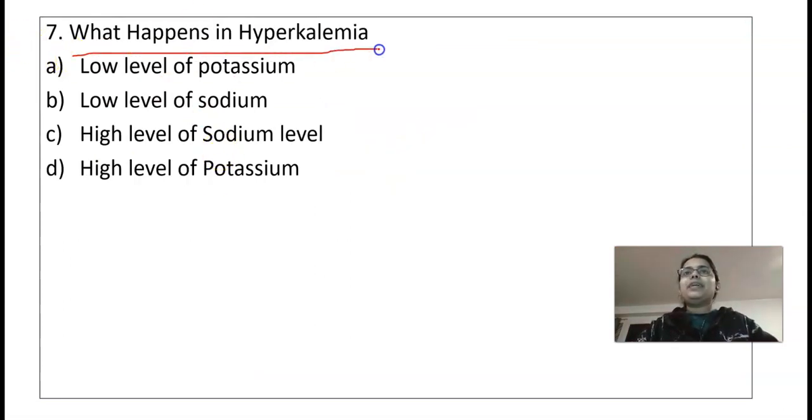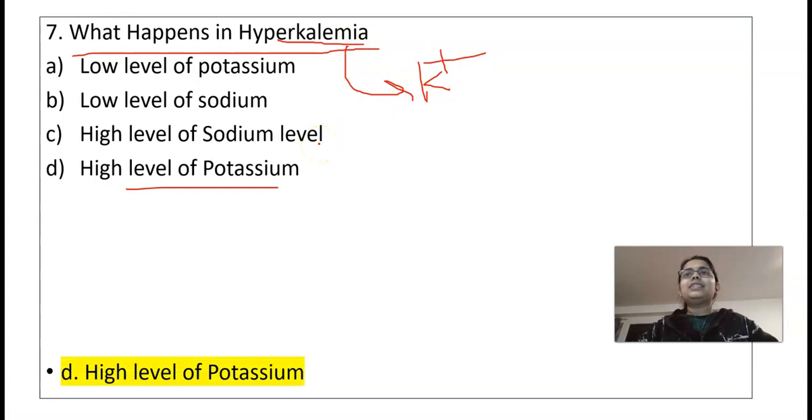What happens in hyperkalemia? Two questions before we studied hyponatremia. Now the question is what happens in hyperkalemia? There are four options: low level of potassium, low level of sodium, high level of sodium, high level of potassium. So here I will give you one trick: kalemia, that is K, you can remember.